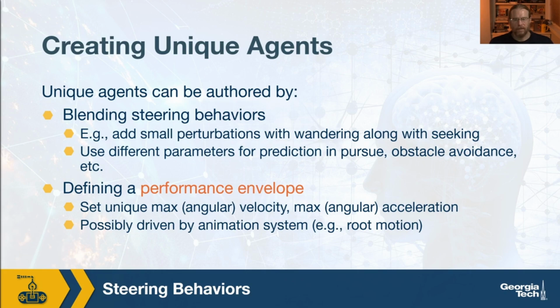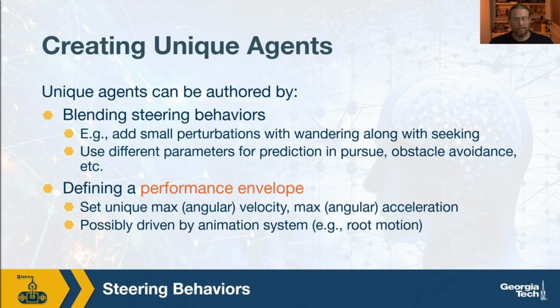So for instance, we could add just a slight perturbation based on like a wandering. So the agent could be seeking a goal, but we add something that causes them to move just slightly. And so maybe that would make it look like more of a predator type of creature, if that's what we're going for. So there's different things we could do in terms of blending.